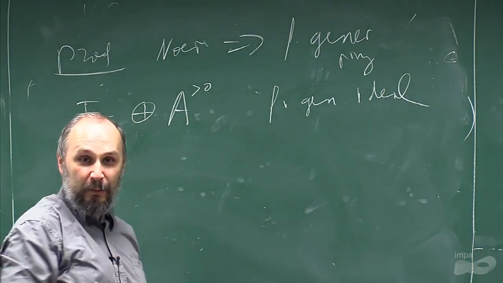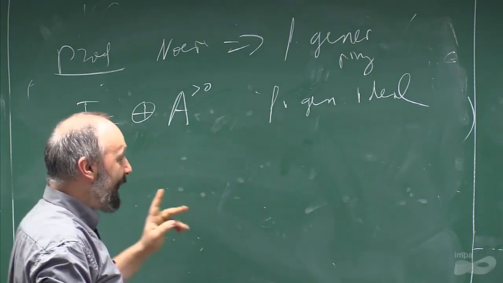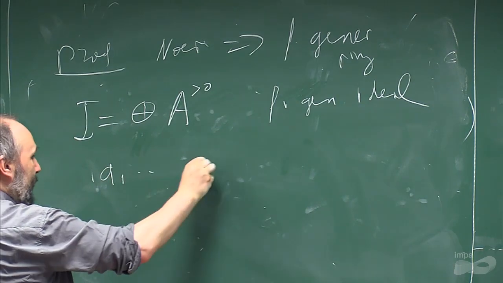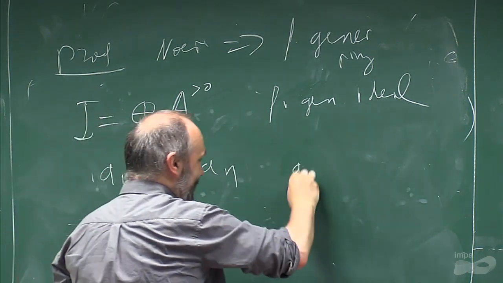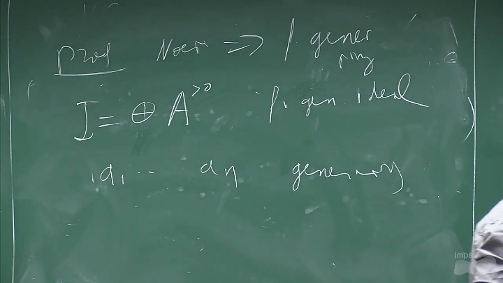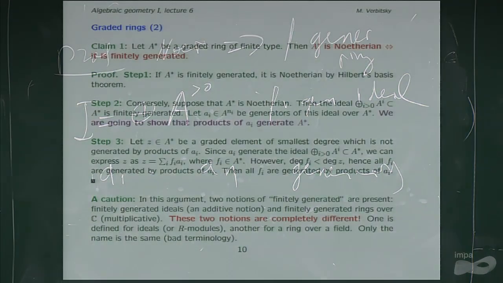This is already confusing. This is another finitely generated notion, different from the finitely generated of the ring. I'm sorry about that. Okay, so you have generators A1 through AN. Then we want to prove that everything is generated by these guys. You have to take care.